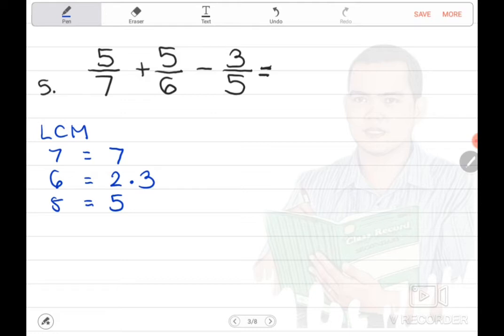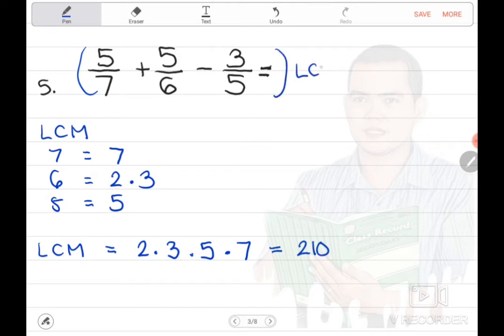So if we don't have common factors, we simply copy them all. Let us copy them. So we have 2 times 3 times 5 times 7. What is 2 times 3 times 5 times 7? That is 210. So 210 is our LCD in our example.